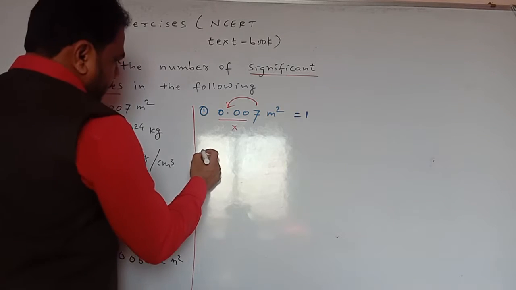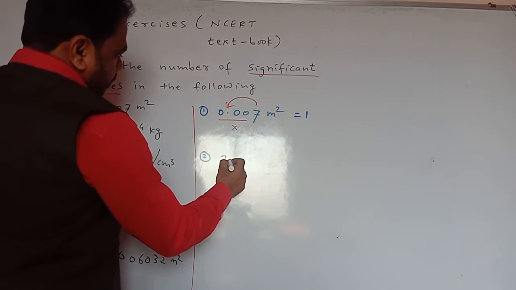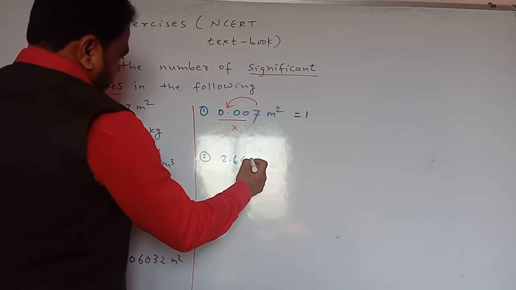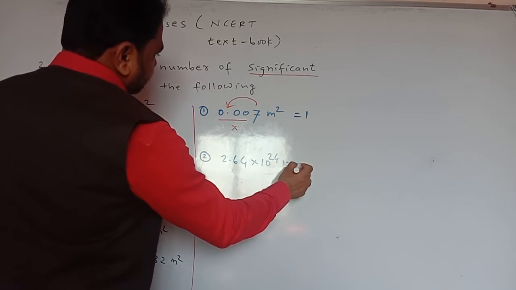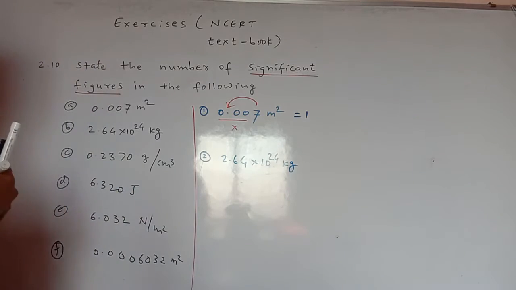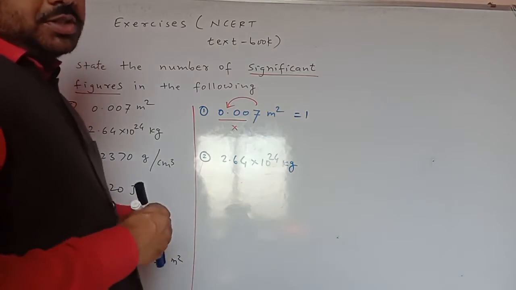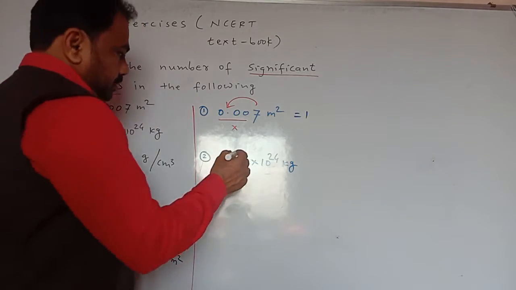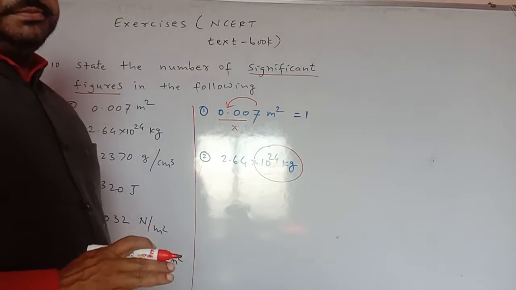Let us try to solve the next problem. The next problem is 2.64 into 10 to the power 24 kg. Here also do not concentrate on the powers of 10. Whatever the power of 10 may be, do not concentrate on that.